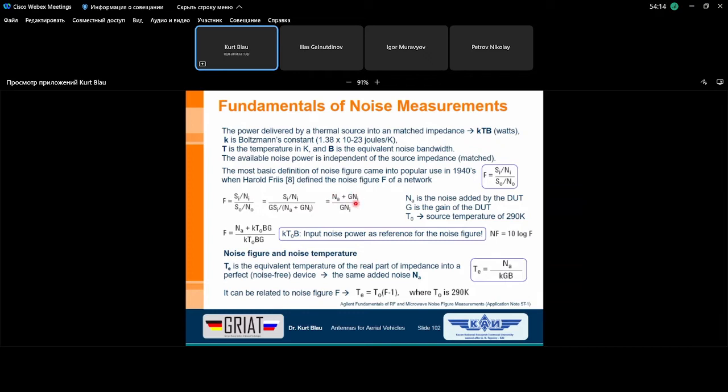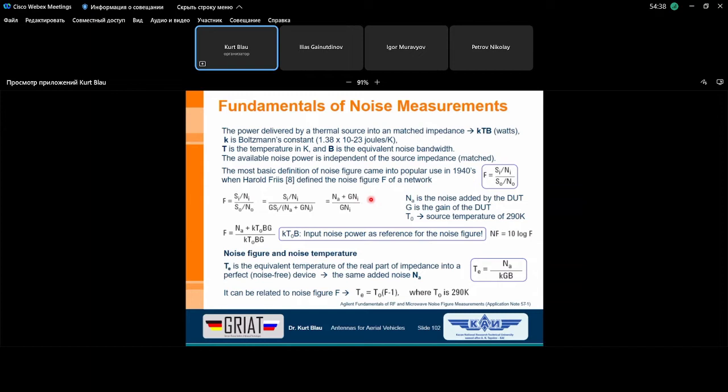In our case, it's in every case, or should be in every case, the input thermal noise power coming from the real part of the impedance of our source. If the source, let's say, is a real resistance in principle, for instance 50 ohm, then we have only the real part as 50 ohm.